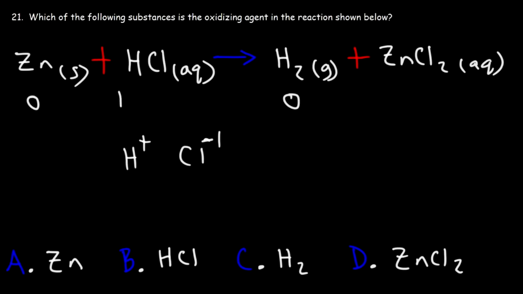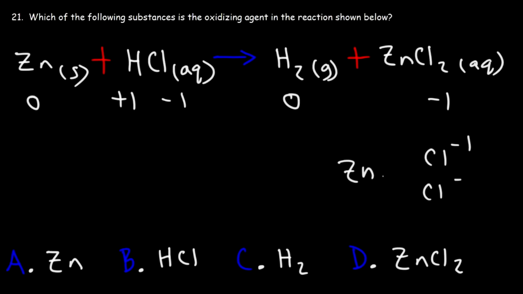So we could put +1 for hydrogen, -1 for chlorine. Now, in zinc chloride, chloride still has a charge of -1. But what's the charge of zinc? Now, there's 2 chloride ions, so zinc has to have a 2+ charge.